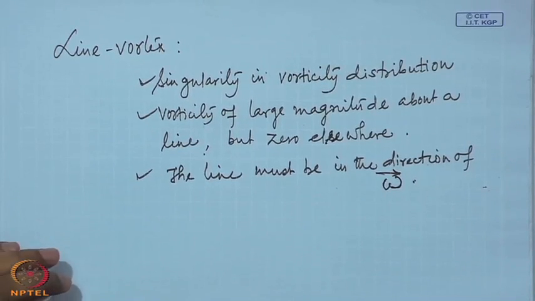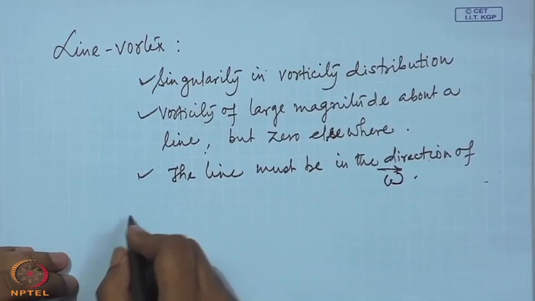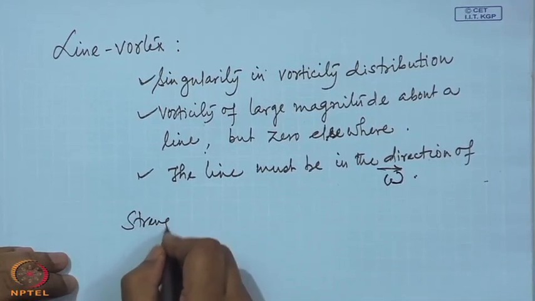Let us say the strength of this vorticity distribution is gamma.